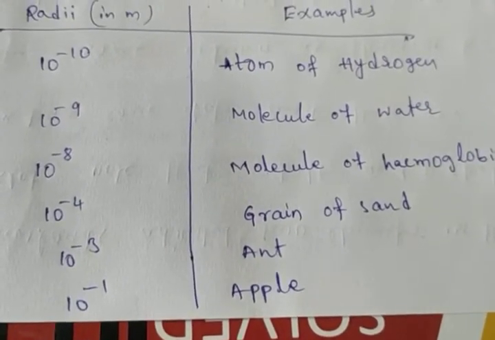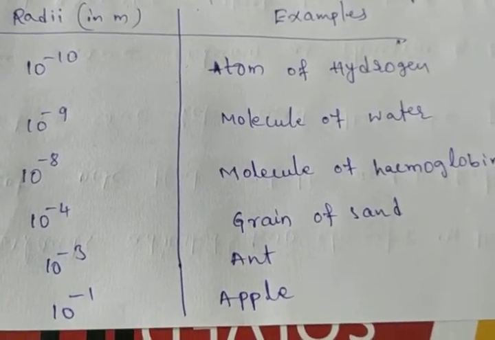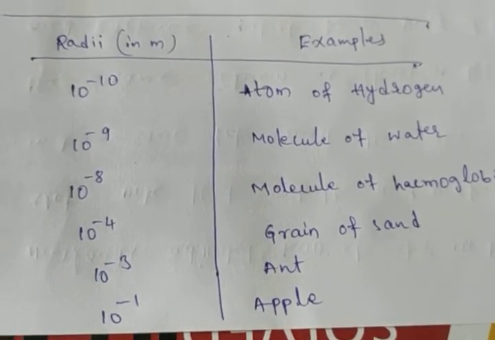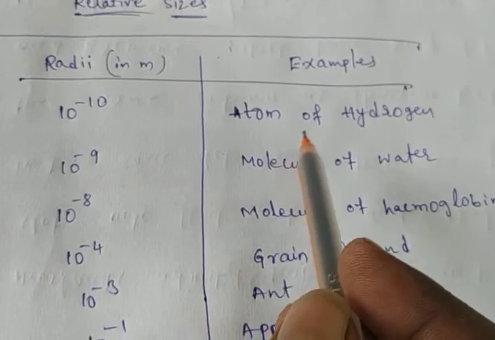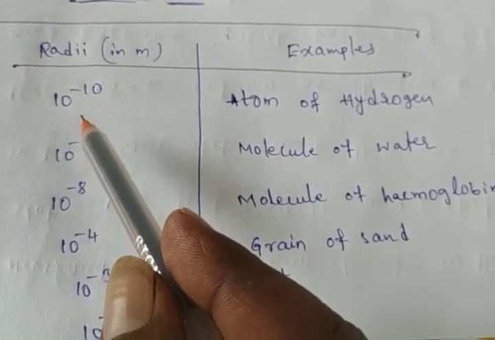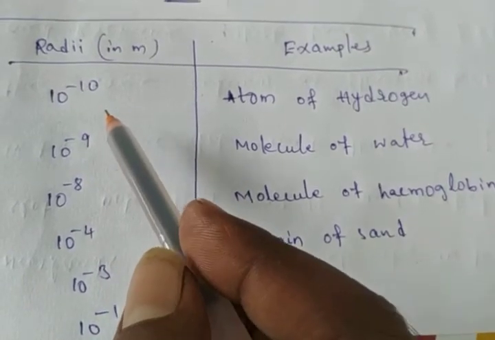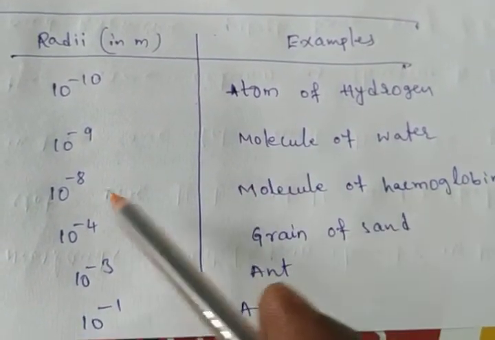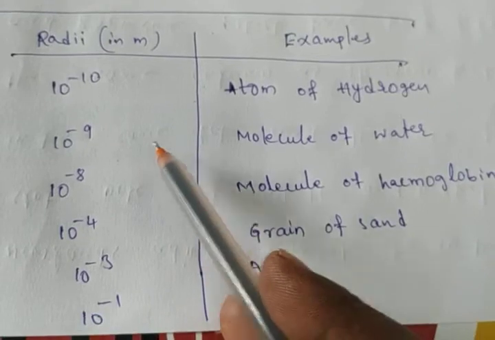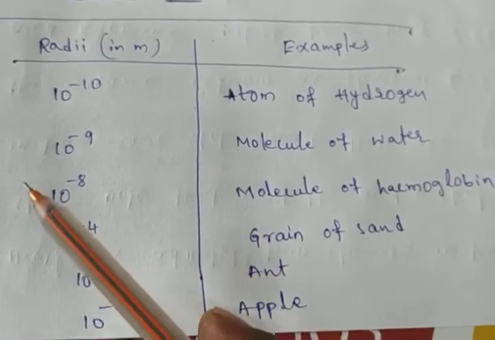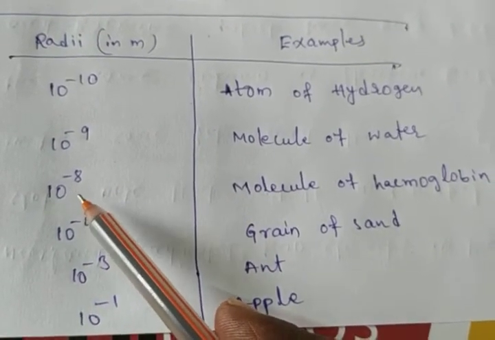These are the relative sizes, some examples and their radius. The hydrogen atom radius is 10 to the power of minus 10 meters. The water molecule is 10 to the power of minus 9. The hemoglobin molecule is 10 to the power of minus 8.